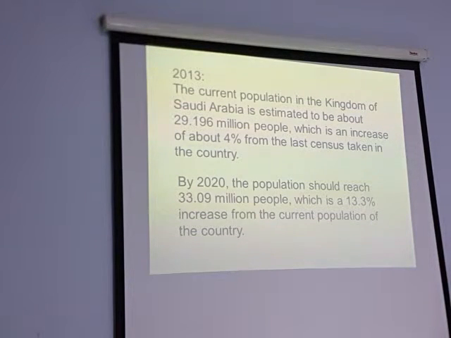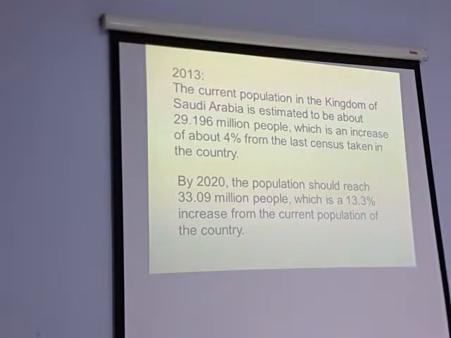So when this happens, your hospitals have to increase, the bed facilities in the hospitals have to increase, your immunization has to increase. That's why we study population. If we do not study this, there will be no progress in our healthcare. That's why the kingdom is making more and more doctors, because they know that in the future the population will increase and there will be fewer doctors. So new medical colleges are being opened. That is why you have to understand your country's population.